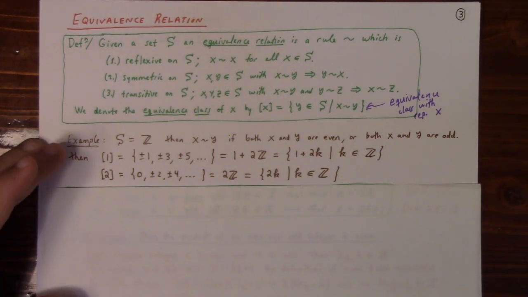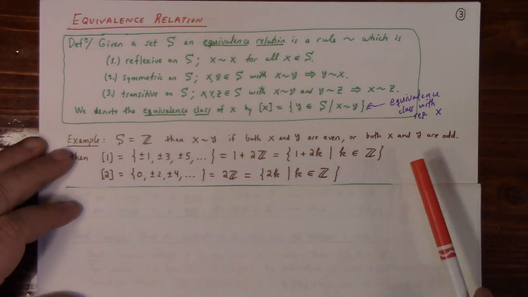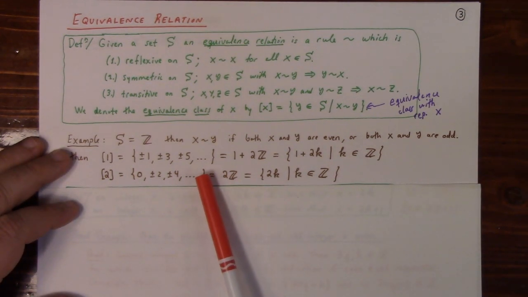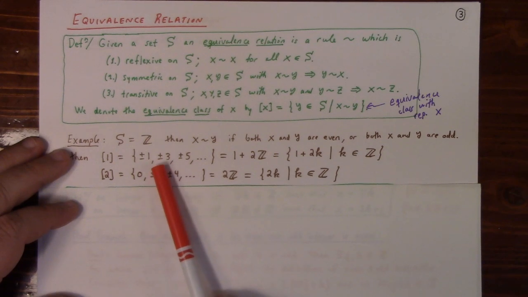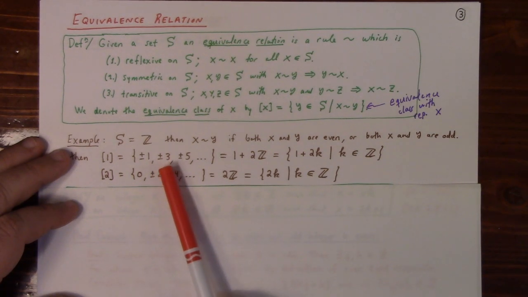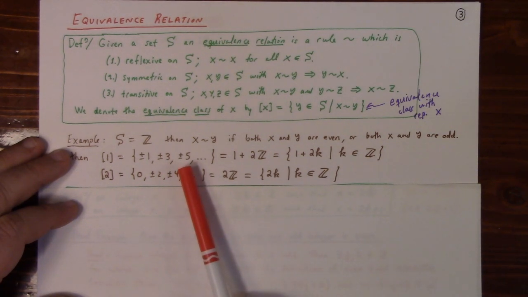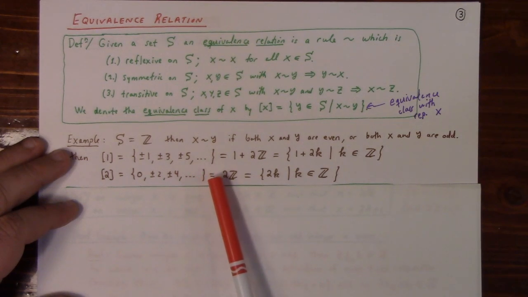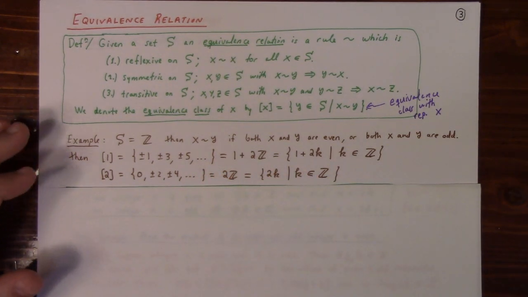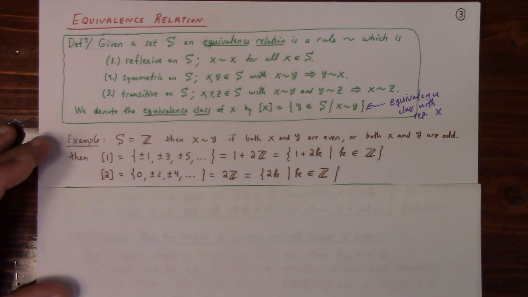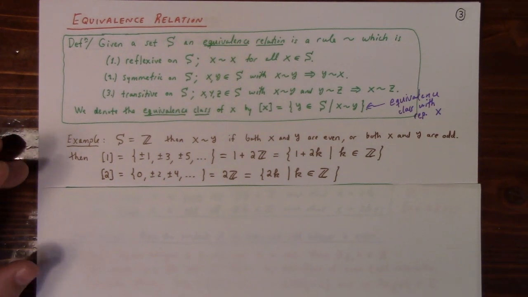It's kind of silly. There's really not much to check here. And this illustrates something, which is that the equivalence classes of an equivalence relation will partition the set on which it forms an equivalence. It will divide the set up into disjoint pieces.